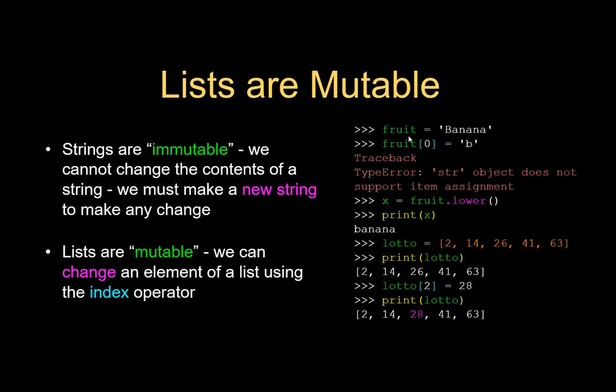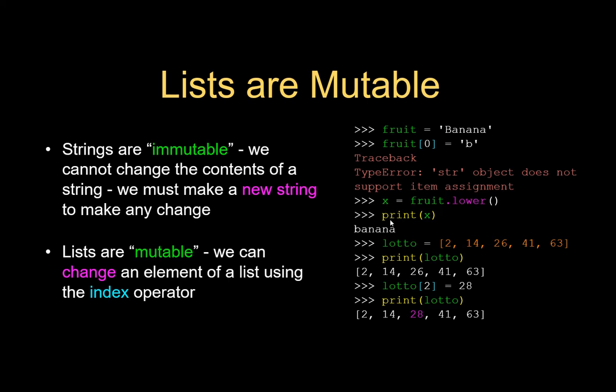Because it's a string. So again, to confirm this, we can call the lower function upon the fruit, and we assign it to x.